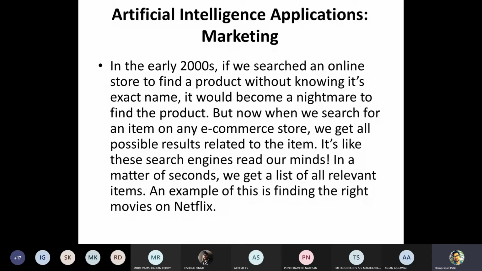It's like these search engines read our minds. In a matter of seconds, we get a list of all relevant items. An example of this is finding the right movies on Netflix. If you don't know the exact name of the movie, but you type the description, it will show you the correct movie. So this is marketing.